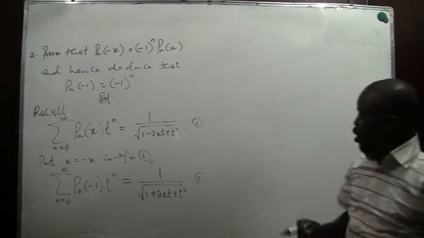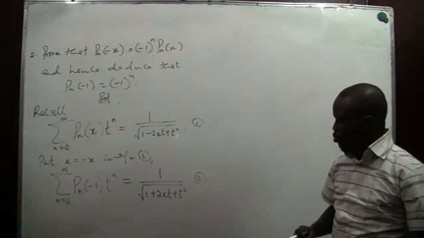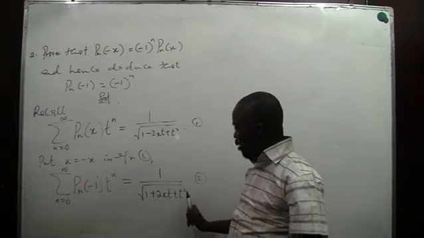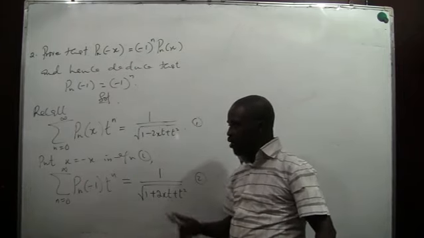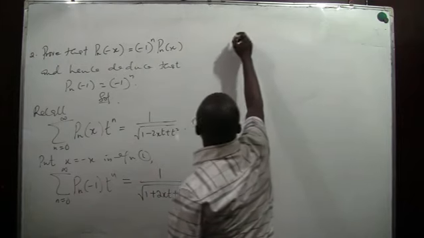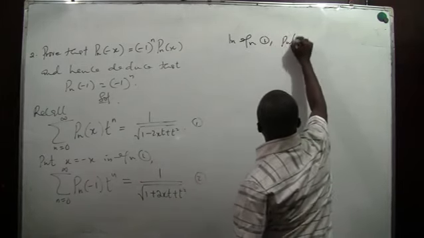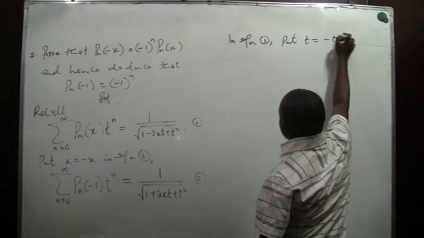So we go back to equation 1. We substitute t equals to minus t. We do that so that our denominator will be the same. Then we can now equate. In equation 1, put t equals to minus t.